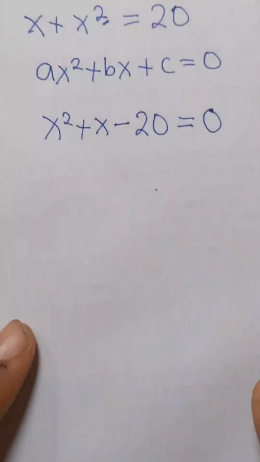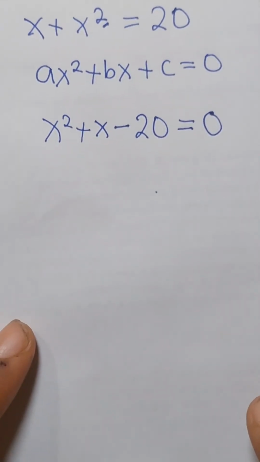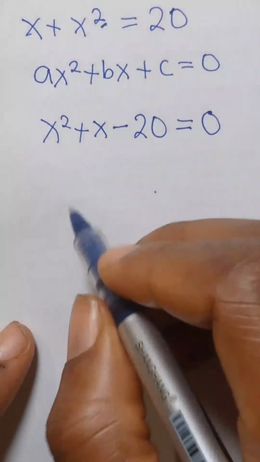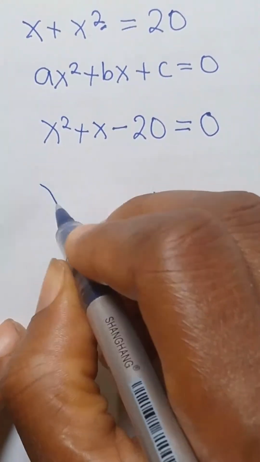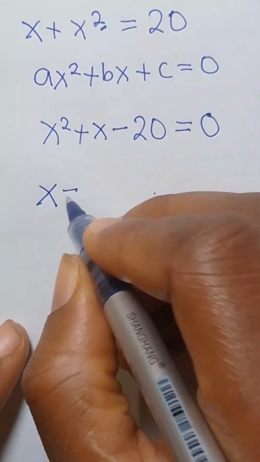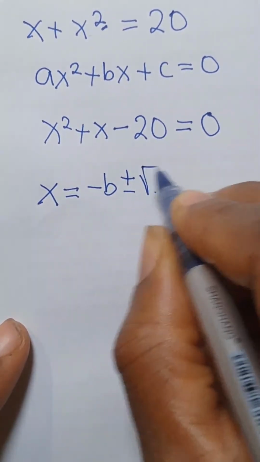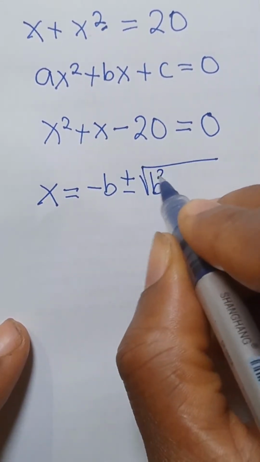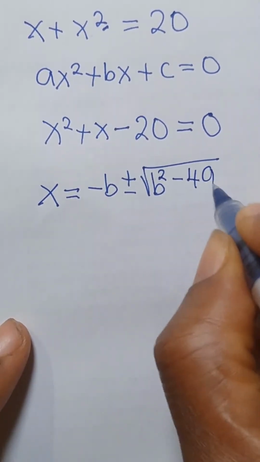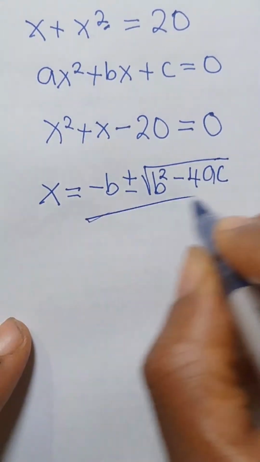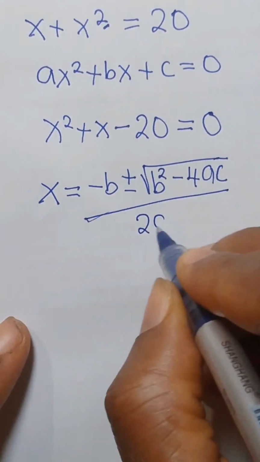So we're going to solve this using the quadratic formula. The quadratic formula states that x is equal to minus b plus or minus the square root of b squared minus 4ac, all over 2a.